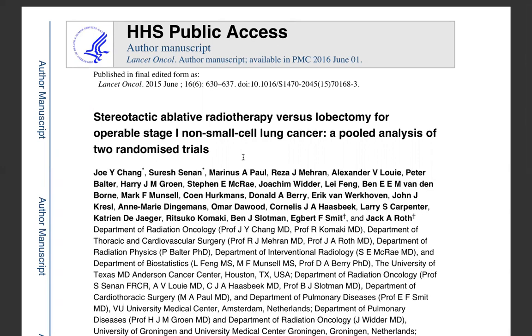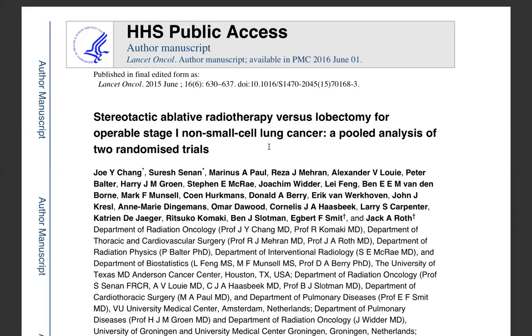You agree or no? Yes, sir. Stage 1 lung cancer should never reach a radiotherapist table. What the hell are they doing by randomizing a patient to radiotherapy? How the hell did you manage to randomize a patient to radiotherapy versus lobectomy?